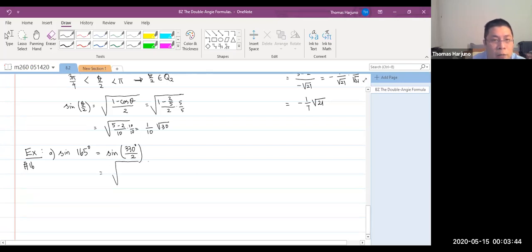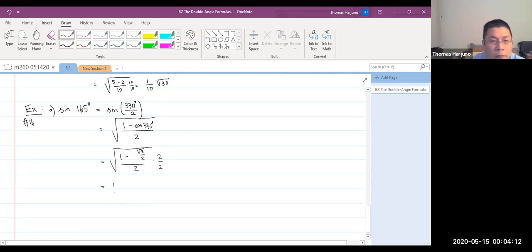I use half angle formula, square root of 1 minus cosine 330 over 2. And cosine 330 is positive radical 3 over 2. So I'll multiply the top and the bottom by 2. That will give me 1/2 outside. Square root of 4 at the bottom, I bring it out to be 1/2. Square root of 2 minus square root of 3.